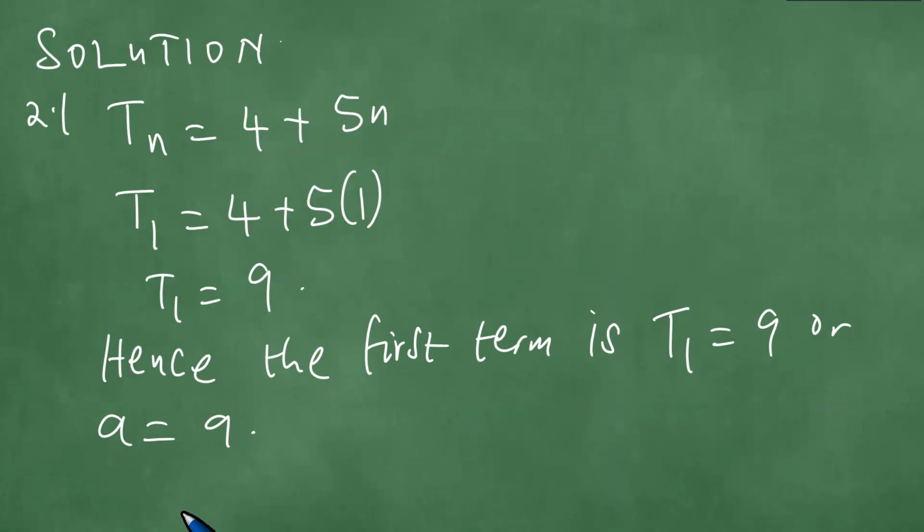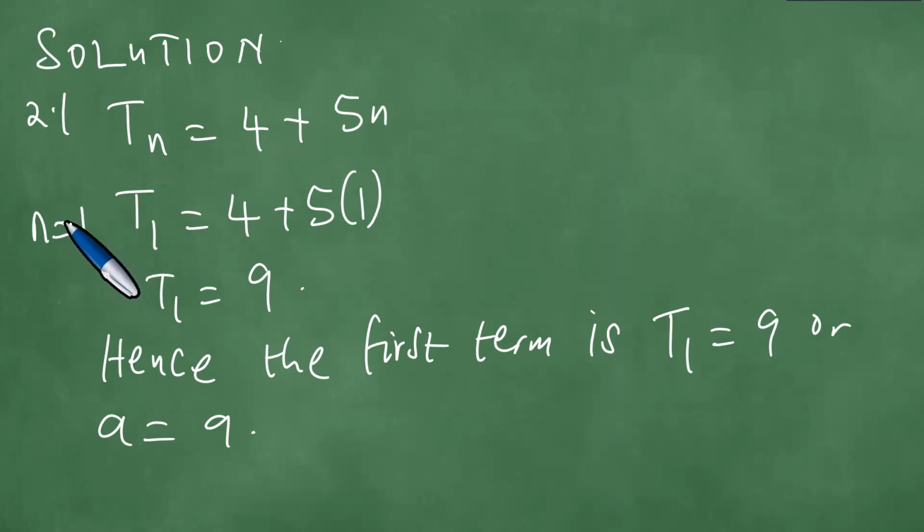If you say a is 9, you're dealing with arithmetic sequences and series, and the geometric ones we're going to do, so it is clear. Is it always T1? Yes, it's always T1. In other words, because they're looking for the first term, the examiner said first term.